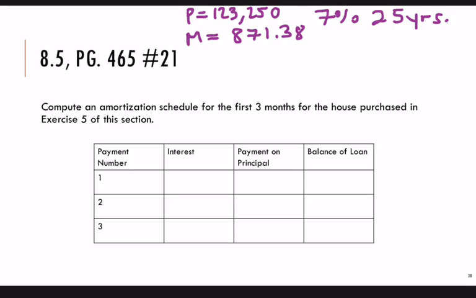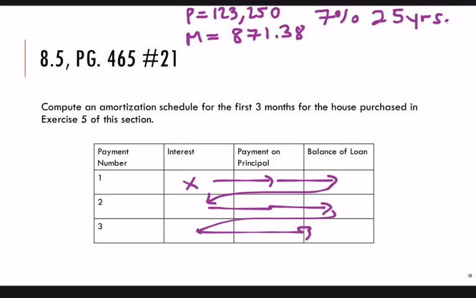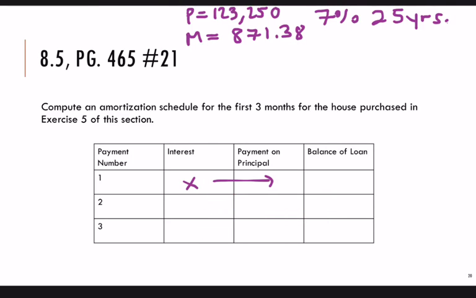Okay, so we're going to work sideways here, find the interest first, then the payment on principal, then the balance, and then we'll keep going from there and down, and then find each row. Okay, so that's the plan. Alright, so for interest, again, you do have a little procedure that tells you what to do here. You're supposed to do interest equals principal, we know that number, times rate, that's another number we're pulling from number 5.